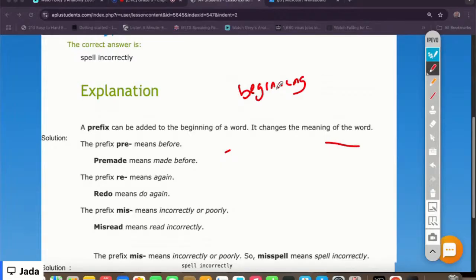So the prefix pre means before. So pre-made means made before.